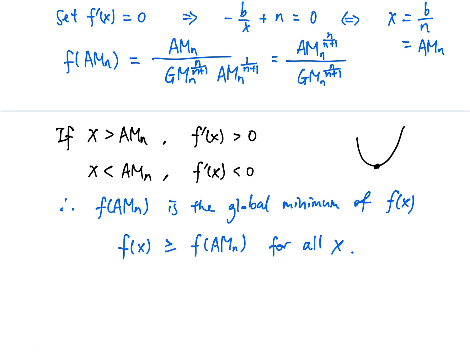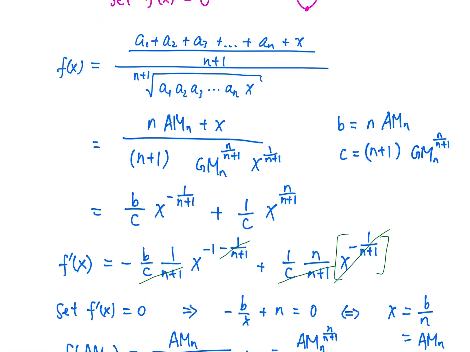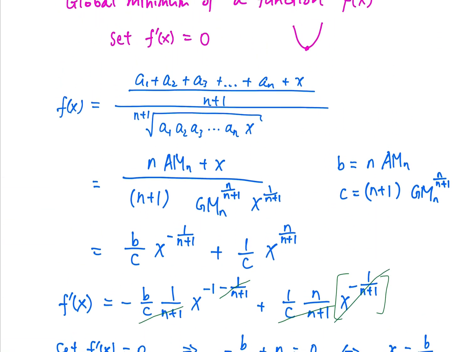To utilize this result, we have to pick some values of x to be plugged into our new inequality that we just found out. So how can we pick an x value smartly? Well, if you look at our original function, you should realize that the whole numerator looks very similar to the arithmetic mean when there are n plus 1 items.